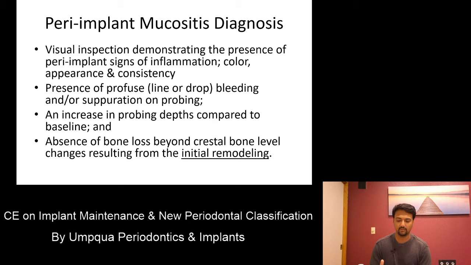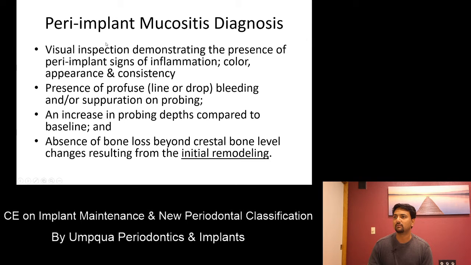Of course, the implant doesn't have a periodontal ligament, so we do expect deeper probing depths around implants. 6 millimeters seems to be the cutoff in this framework that the experts have provided us. But if you don't keep track of the probing depths, and you don't have a baseline measurement, then you do not know whether this is a stable or an unstable condition.